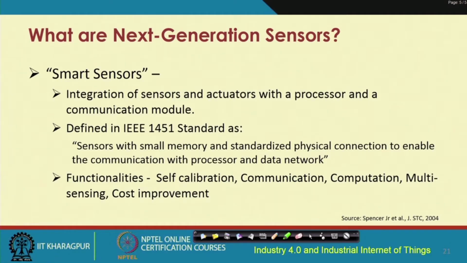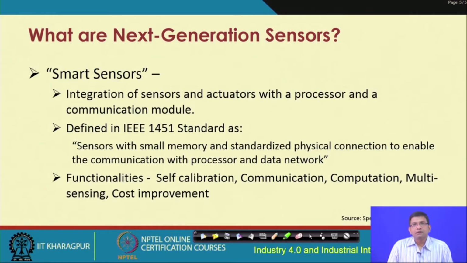So, smart sensors is what I was talking about. Here basically you are talking about integration of sensors and actuators with a processor and a communication module. This is basically how these traditional sensors look like. So, there will be a sensor component, an actuator component optionally, and a processor for processing the data that is sensed, and a communication module for connecting these different sensors with a central hub for processing or the sensors themselves.